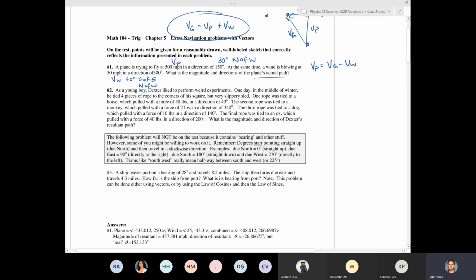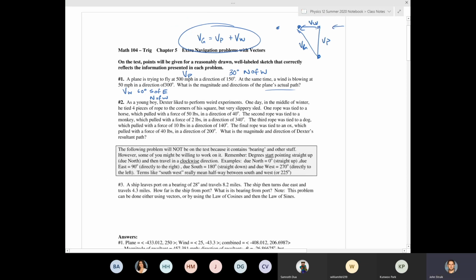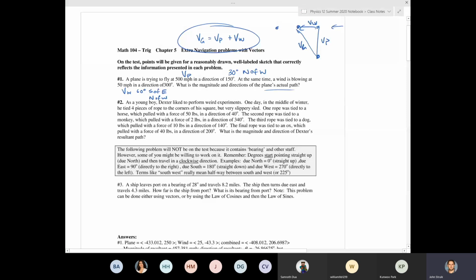Okay, so that changes it a little bit. So now we're just dealing with the circled formula up there. So now it's just going to be, oh, that's not a straight line. 500, and then 60 degrees south of east, so that's 50, and so this is 30.